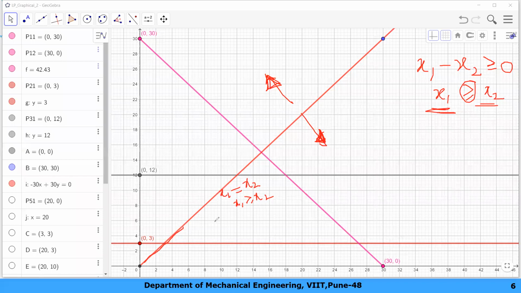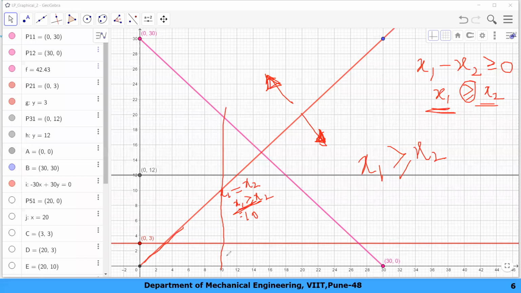See, take any random number. So let's take x1 equal to 10. So x1 equal to 10 means this one, right? So this line, what my equation is suggesting, x1 should be greater than or equal to x2.